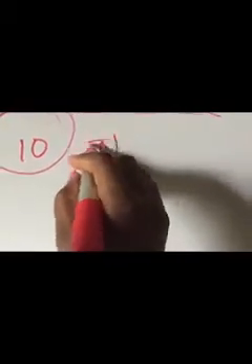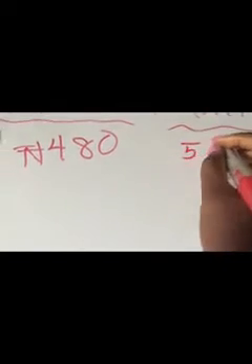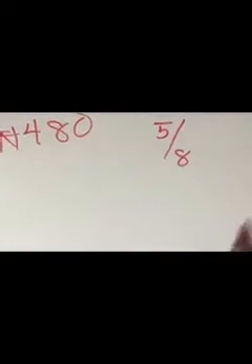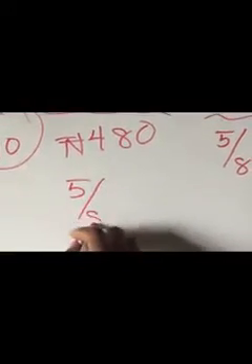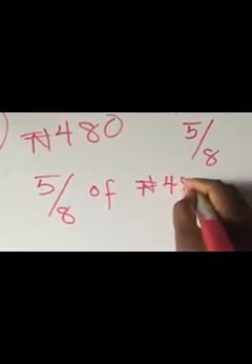Number 10 says, a man earning 480 naira per month gives his wife 5 over 8 of it for housekeeping and saves the rest. How much does he save? So the man gives his wife 5 over 8 of his salary, which is 480.